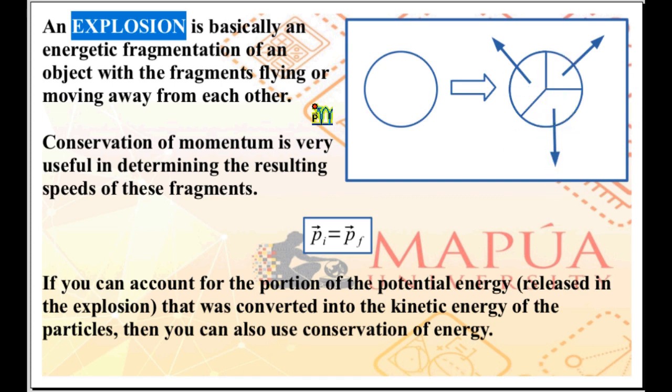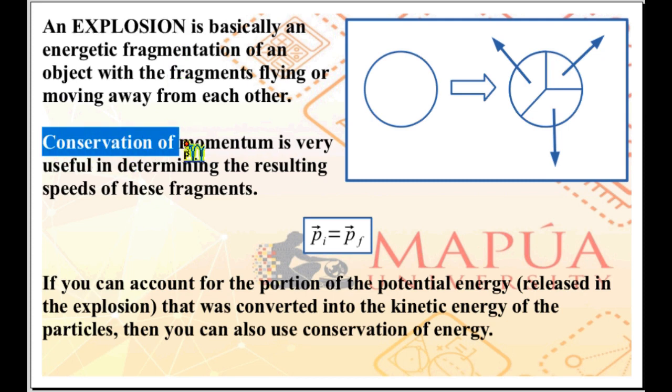For an explosion, conservation of momentum is very useful in determining the resulting speeds of these fragments. Conservation of momentum: initial momentum is equal to final momentum. When we say initial momentum, that's right before the explosion, when the object is just about to fragment.